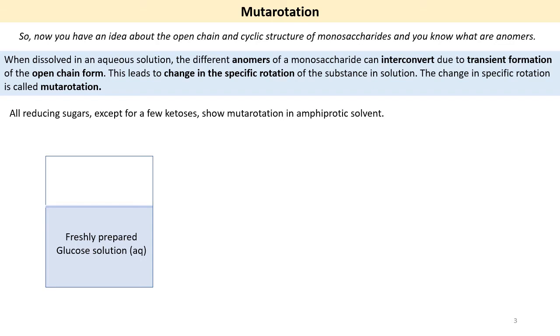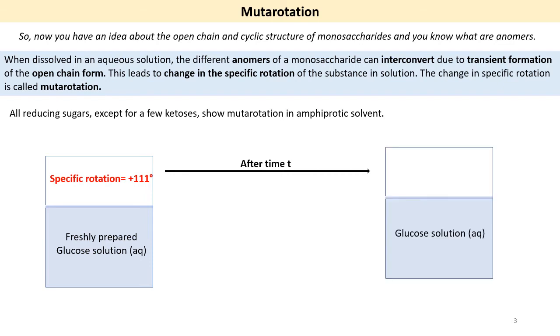Let's say you have prepared a glucose solution in aqueous medium or in water, and if you record the optical rotation of the freshly prepared solution immediately, you will find that the specific rotation is plus 111 degree. Now after time t, if you keep the solution to stand, we will find that the glucose solution has specific rotation of plus 52.5 degree.